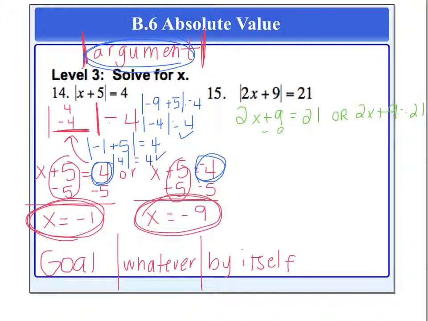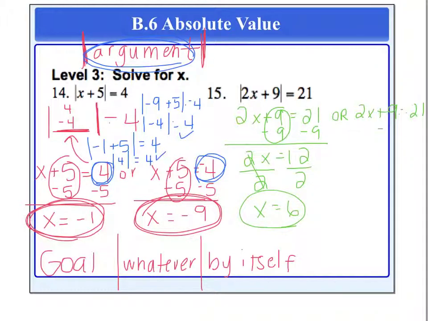So I'm going to subtract 9 over here. And I'm going to get 2x equals 12, divide by 2, and x could equal 6. There's one answer. Or I'm going to subtract 9. I'm going to say 2x could equal negative 20, divide by 2, and I'm saying x could equal negative 10. I'm going to check my solution.